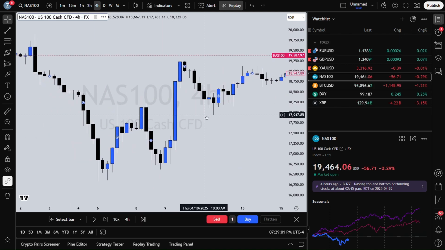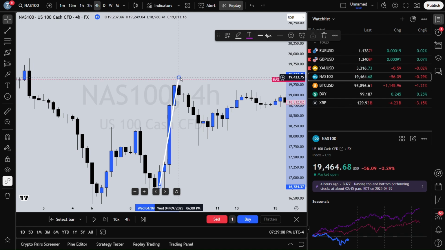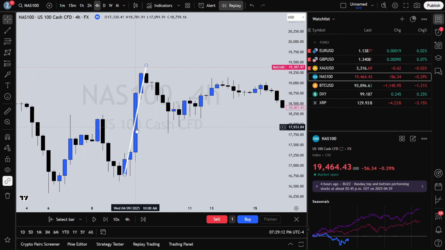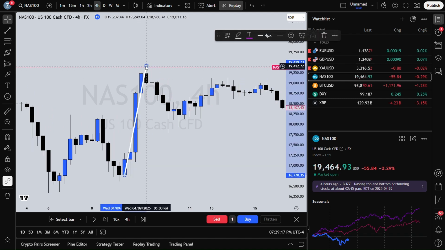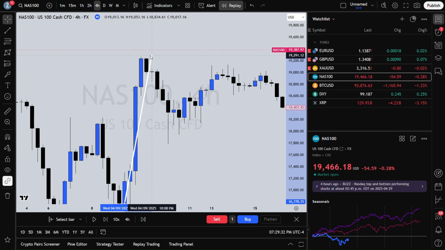Another example of break of structure is, we're going to take our trend line from here. We have this uptrend, and I'm just going to show you what it looks like. So here we had an uptrend and a new high was created. But right here, no more bullish candles, no more blue candles were formed above this high. The market structure began to shift because it shifted outside of this trend line.